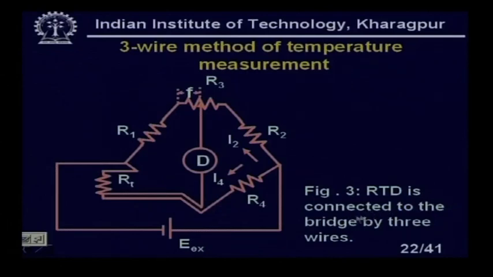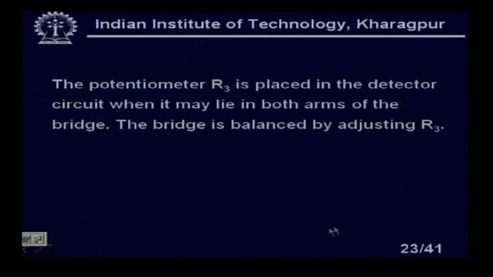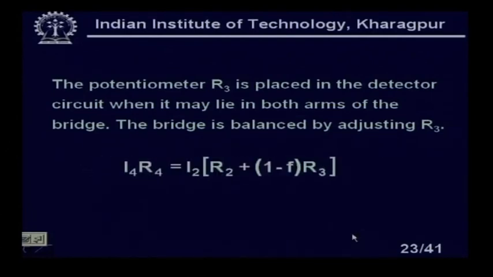This is called the RTD connected to the bridge by the 3-wire method. Now, the potentiometer R3 is placed in the detector circuit, where it may lie in both arms of the bridge. The bridge is balanced by adjusting R3. So, I am writing the equation: I4 R4 equals I2 into (R2 plus (1 minus F) into R3).